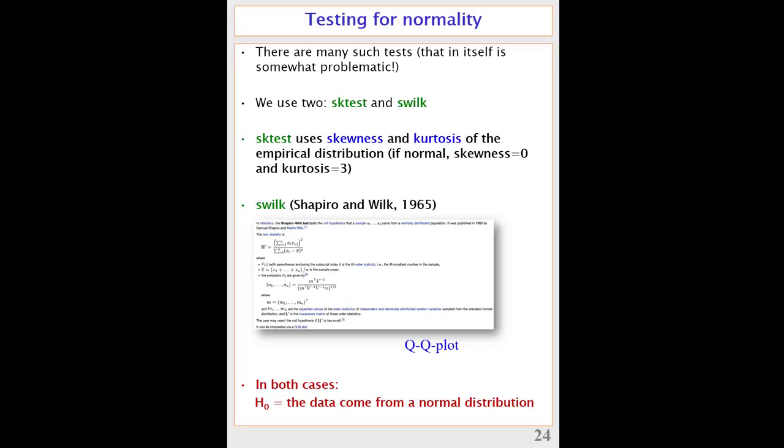For the swilk test, basically the intuition behind it is, if the shape of a normal distribution is like that, and I draw the shape of the distribution that I have, and I compare it to the actual line that I find, then if it's normal, it's likely to be close to the line. And what we're measuring is how far away it is from the line, loosely speaking. If it's too far away from a normal distribution, it's not likely to be one, and that is what we're testing.